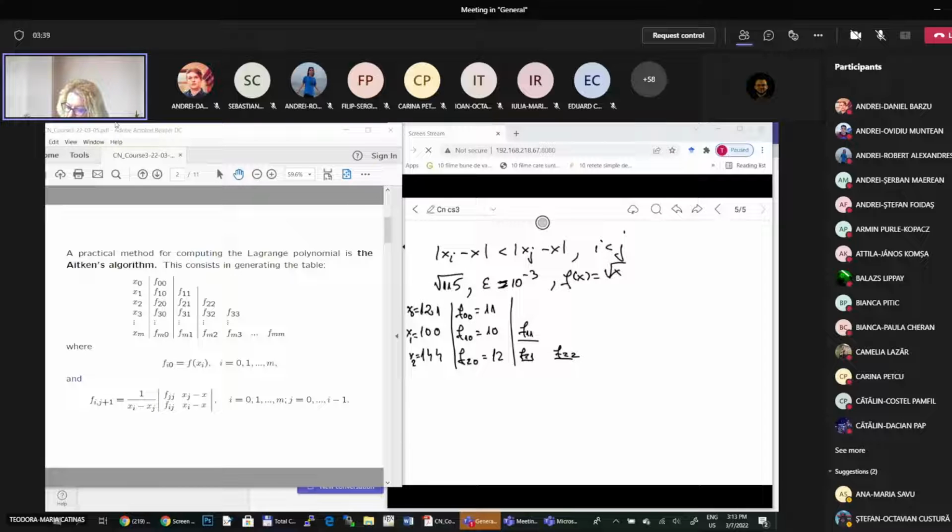So for F11, please tell me the values. Xi minus xj is? Minus 21. Let's write 100 minus 121 to be clear. And the first line? 11. 121 minus x, where x is 115.